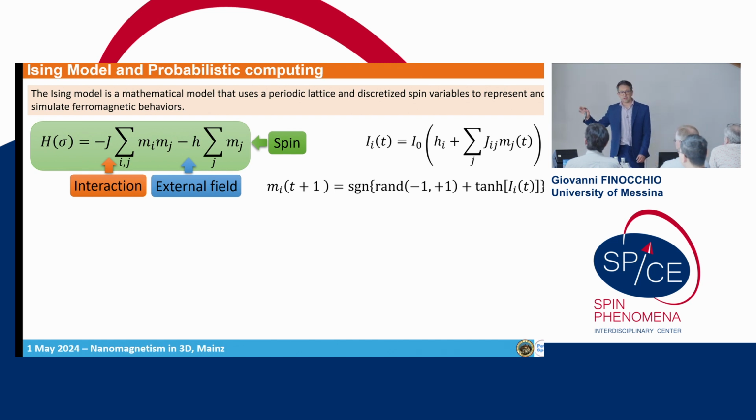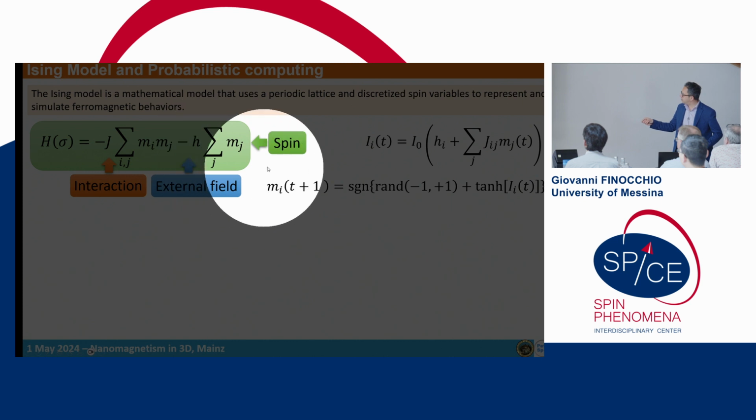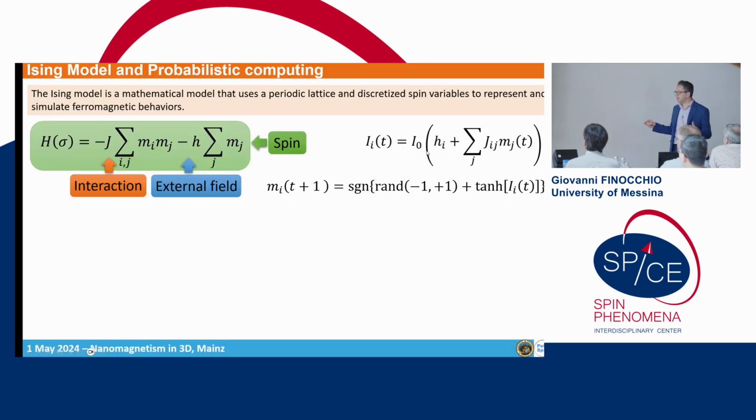This is why it's very complex, because ideally, you should make a combinatorial process to find the minimum. But practically, there are some update schemes, including probabilistic computing, which have update equations that somehow reduce the search in the phase space.